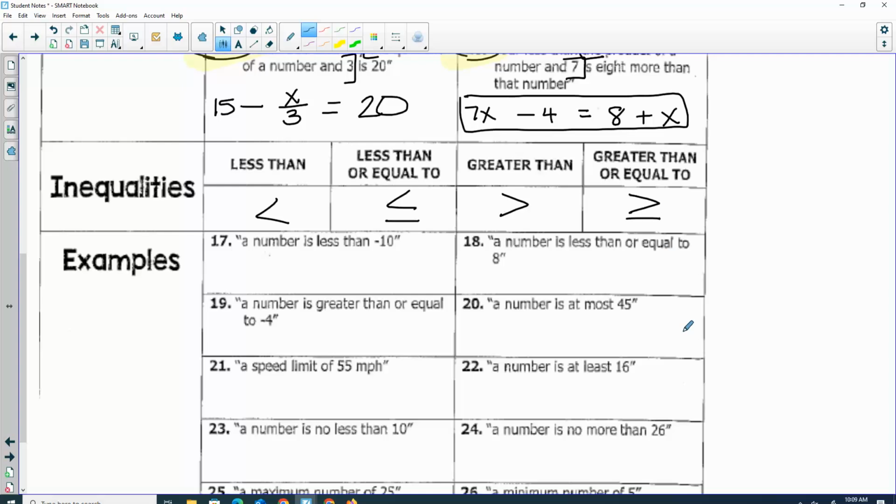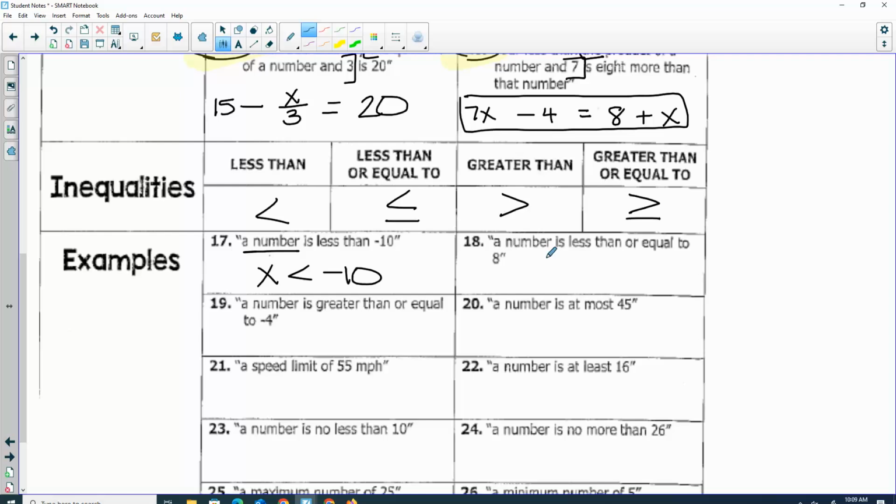So I could have you do the same thing, but with inequalities. So a number, so when I see a number, what am I writing? X is less than negative 10. So these are inequalities.